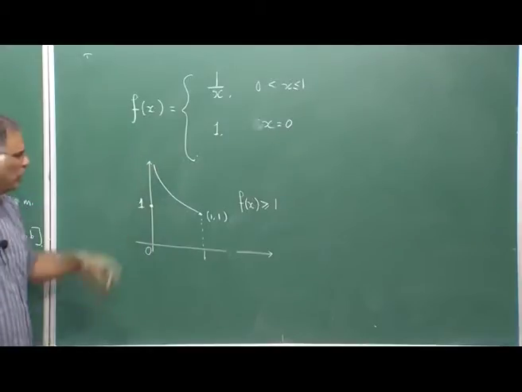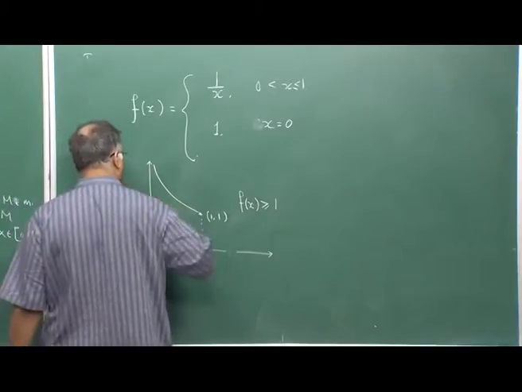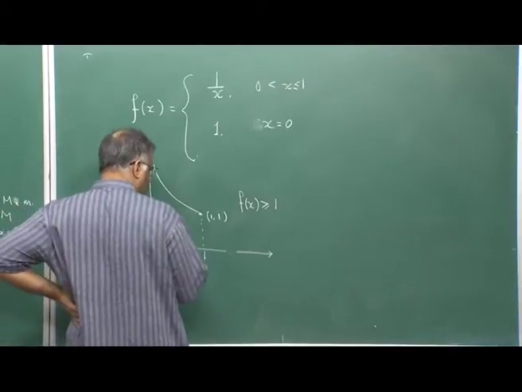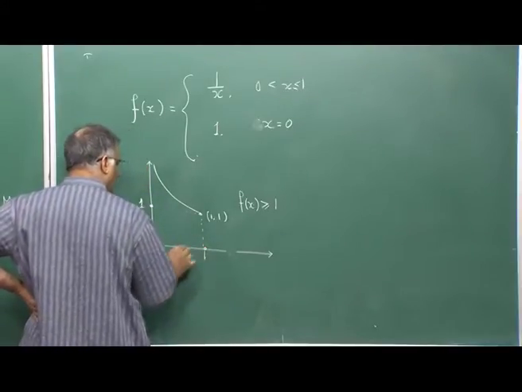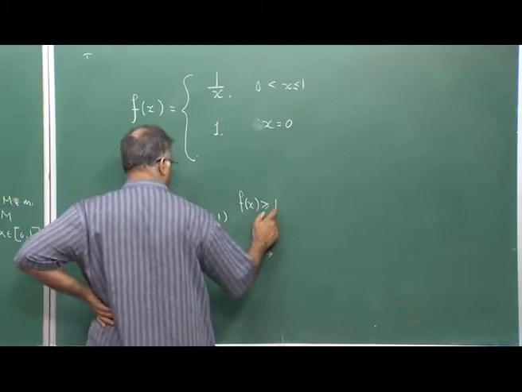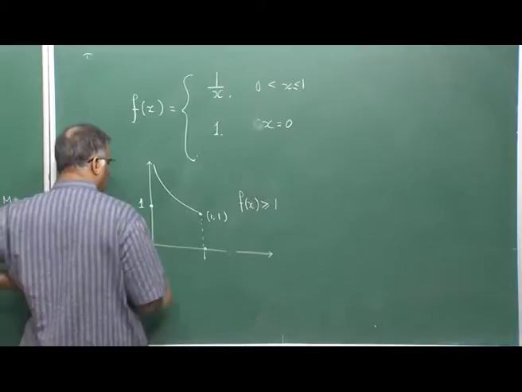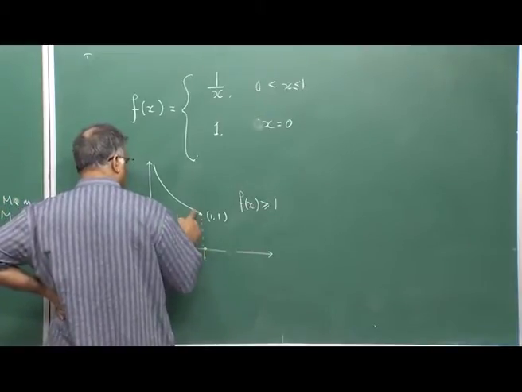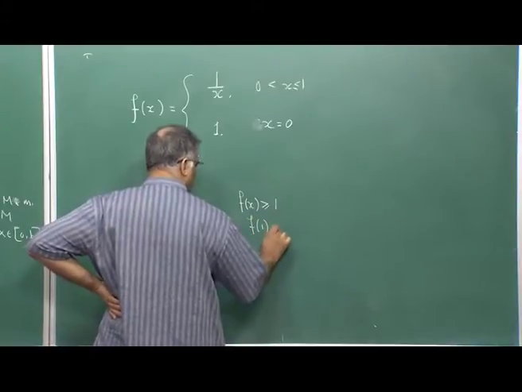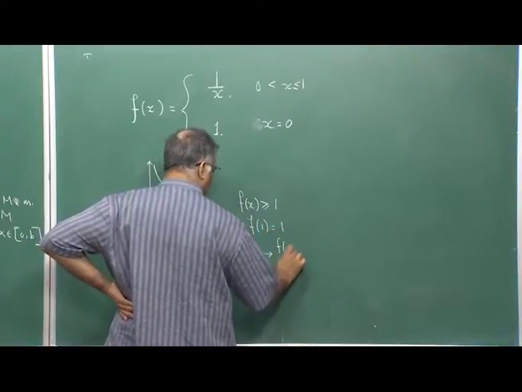No, because all the values of the function... Here you see my minimum value is attained at this one value, this is the bound. You see f of 1 is 1 and f of 0 is also 1.